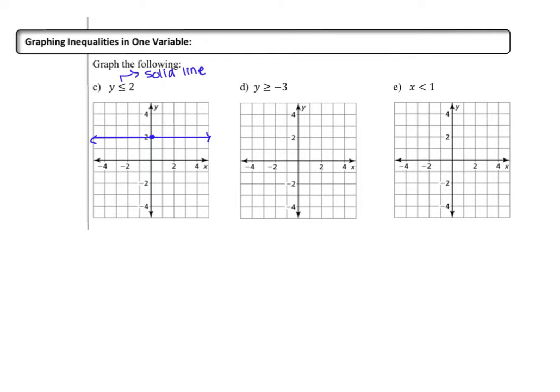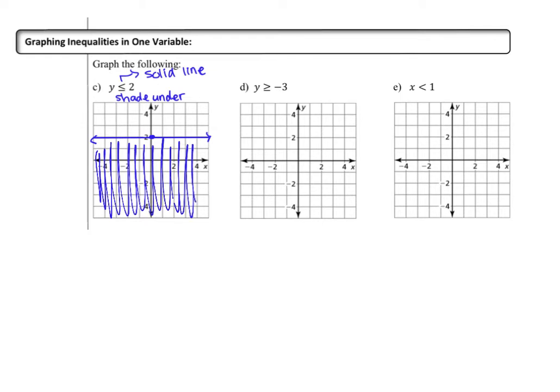And because it is less than, we're going to shade under the line, because all of these values right here are less than 2. So 1 is less than 2, 0 is less than 2, -2 is less than 2. So all the numbers that are less than 2 are going to be below. So we would shade everything on the bottom.